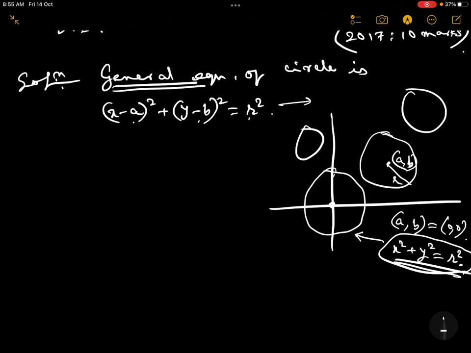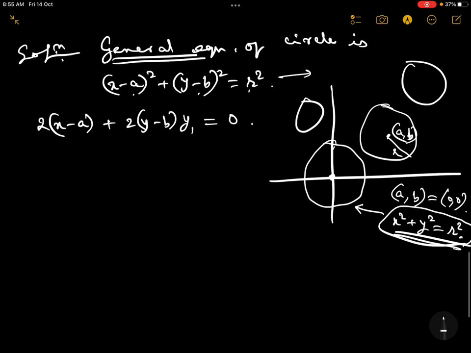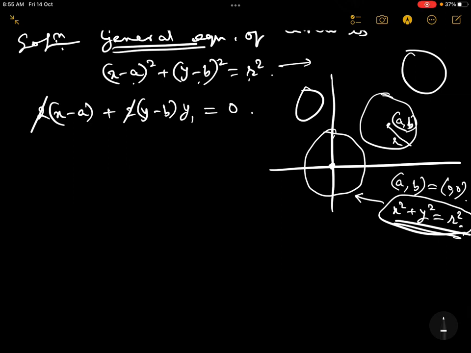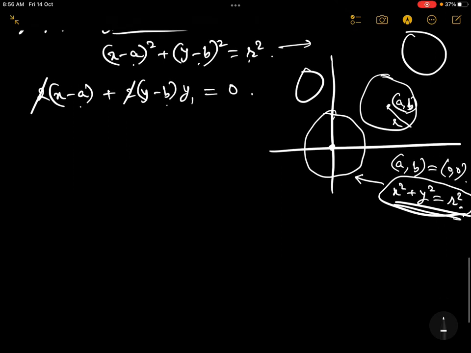So the order of derivatives is equal to the number of arbitrary constants. Differentiating with respect to x, what do we get? 2(x minus a) plus 2(y minus b) y1. Let's just write y1, the differentiation of first order. Right side will be 0. And what else? 2 cannot be 0. You just cancel it. And a and b still appear.